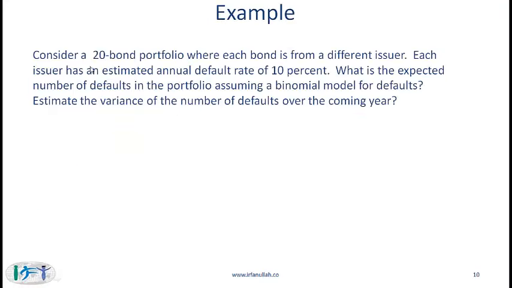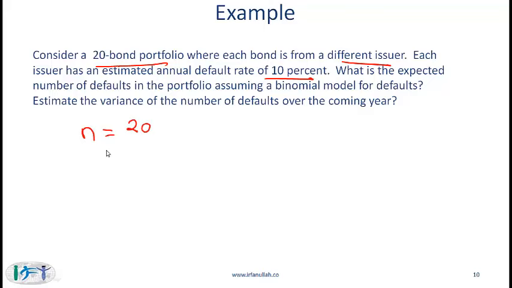Let us consider this simple example now. You have a 20 bond portfolio where each bond is from a different issuer. Each issuer has an estimated default rate of 10%. What is the expected number of defaults in the portfolio, assuming a binomial model for defaults? This is fairly straightforward. n is equal to 20.